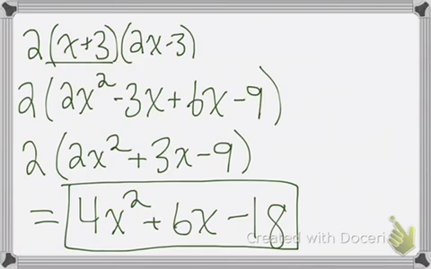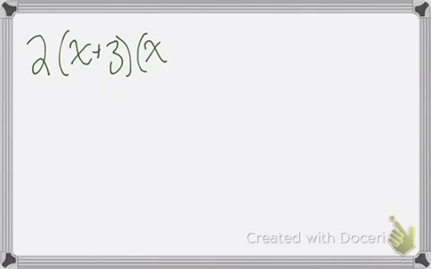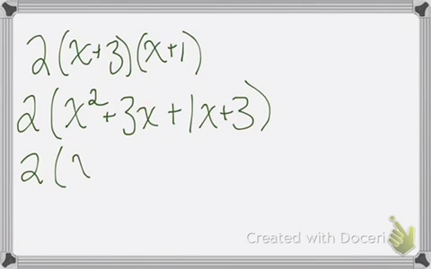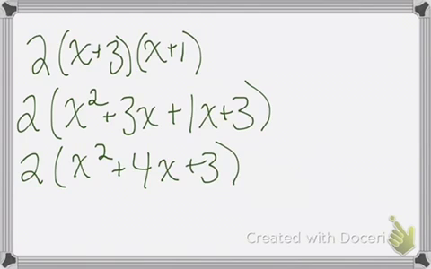And just make sure you keep track of which ones you're doing. So (x plus 3) and (2x minus 3) was this one. So now I'm going to do 2 times (x plus 3) times (x plus 1). And that's going to give us x squared plus 3x plus 1x plus 3, so 2 times (x squared plus 4x plus 3).